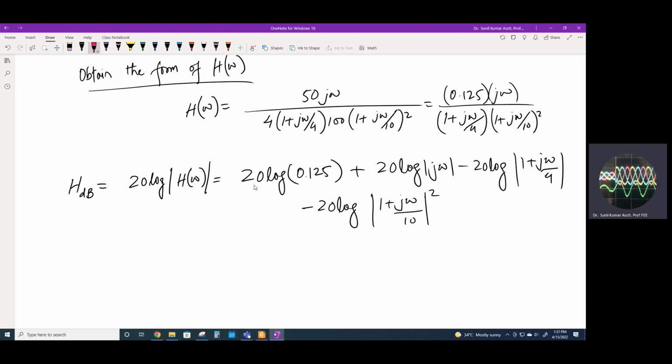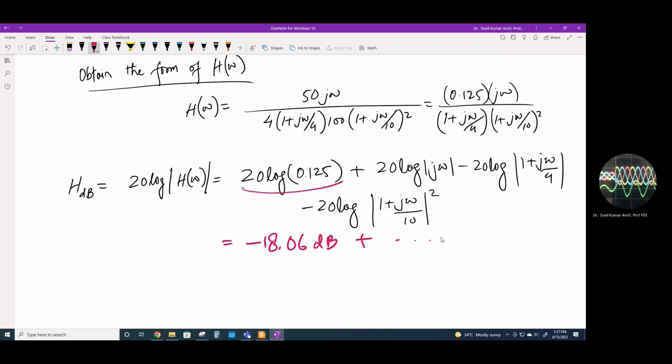So the value of 20 log of 0.125 is approximately minus 18.06. We can approximate it to minus 18 dBs. Okay, and the rest of the factors will be plotted directly from the table.